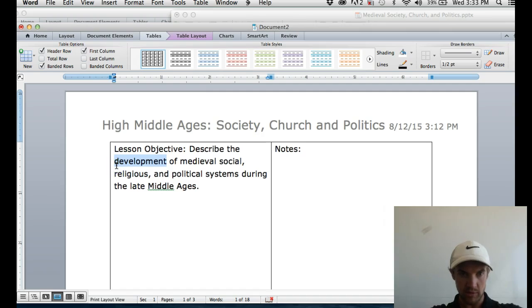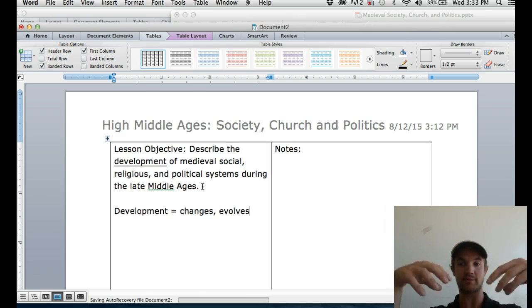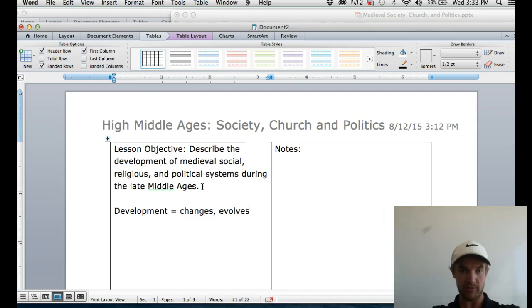So, keywords, development. That's what you're going to be describing. And development means, and write this down, something has changed or it evolves. It means it's changing over time as well, but you're looking at something that's new that has existed before or something that never existed that now exists.